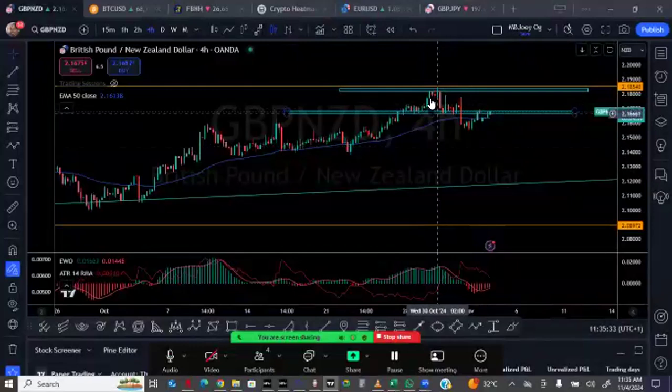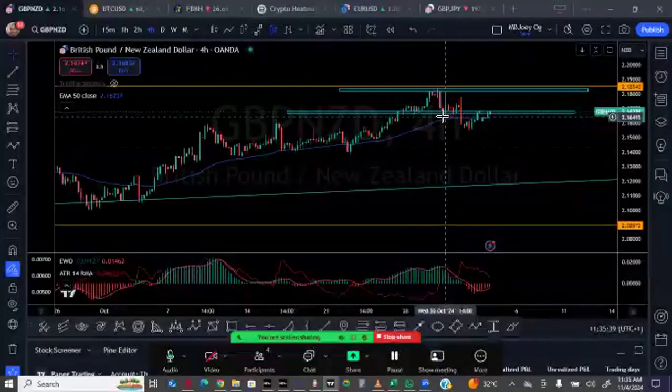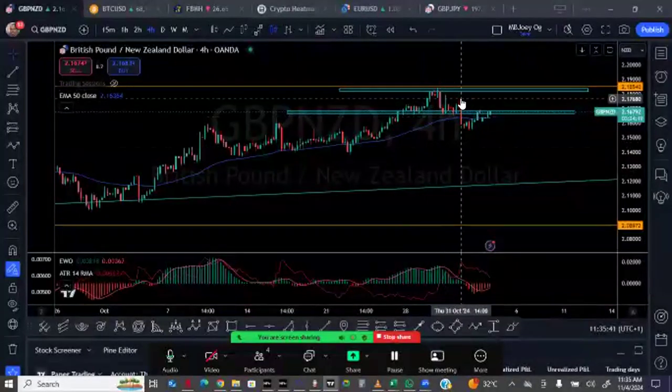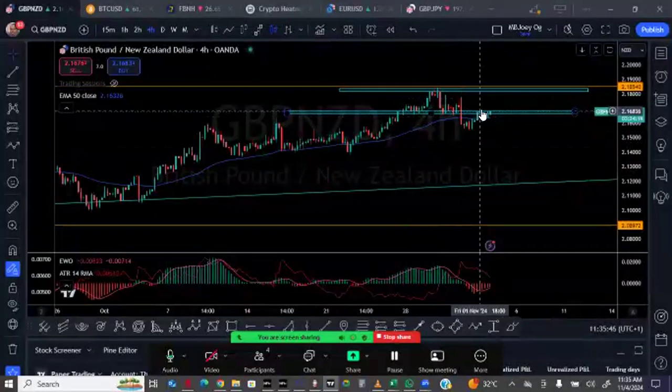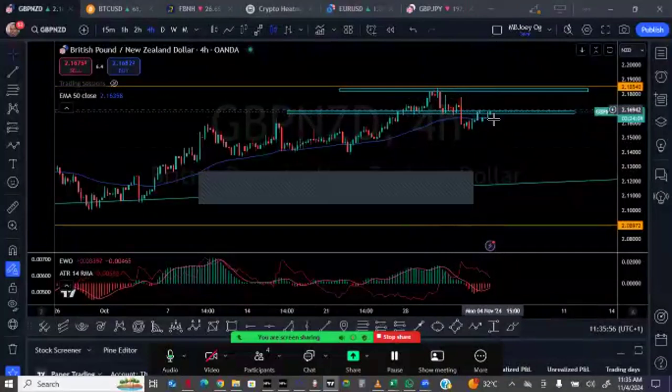The second point is now the creating of that pattern. There's a high, there's a lower high, a low, then there's a lower high, a lower low, and then the market is now coming back to retest the previous low. If it fully retests it and is unable to break through it, then I will look at it as a sell.